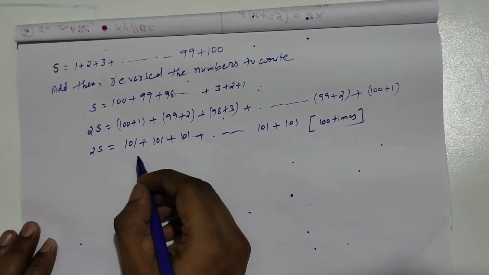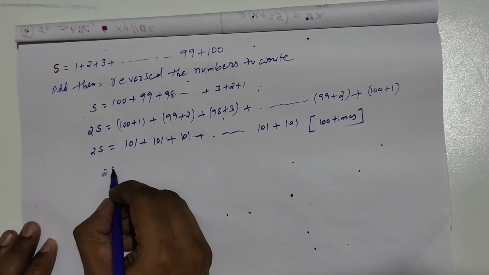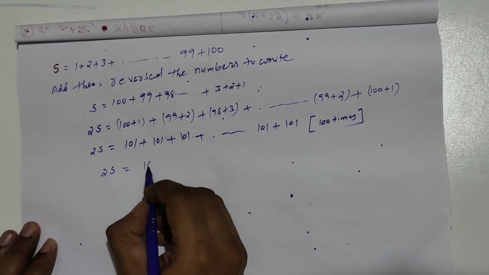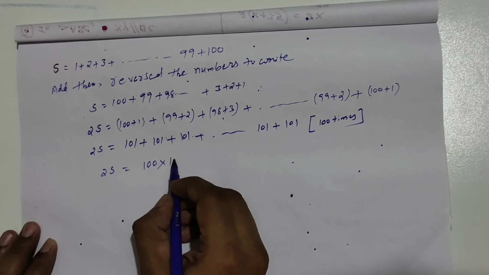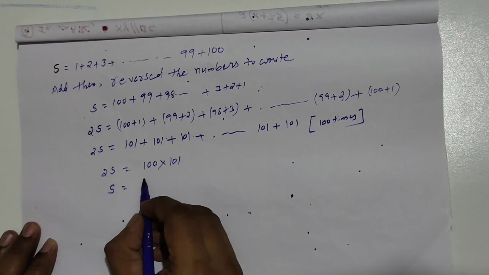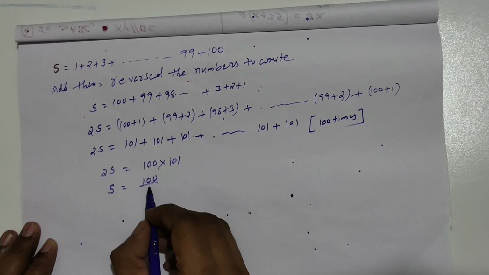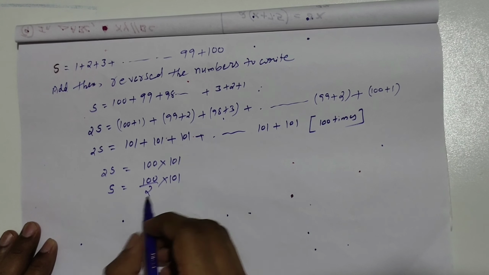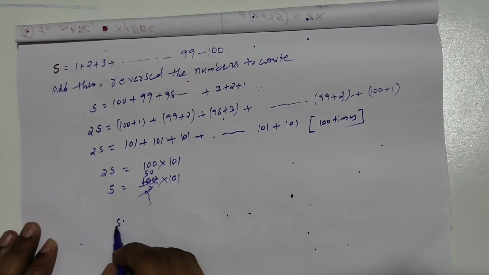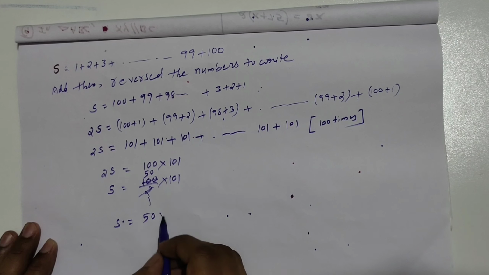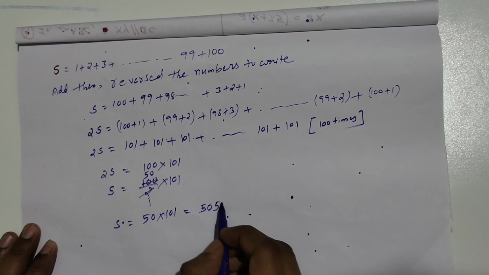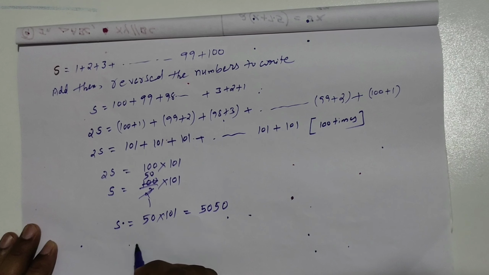Now 2S is equal to 101 repeated 100 times, meaning the sum of those 101s is simply 100 into 101. Then S is equal to 100 by 2 into 101. By cancellation, S is equal to 50 into 101, so we get 5050.